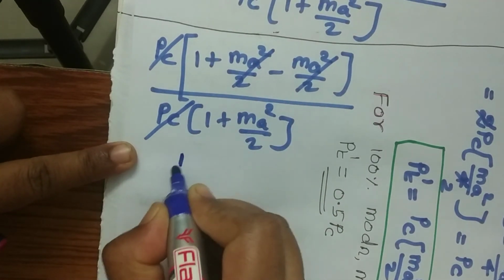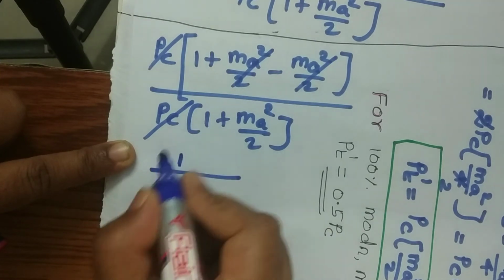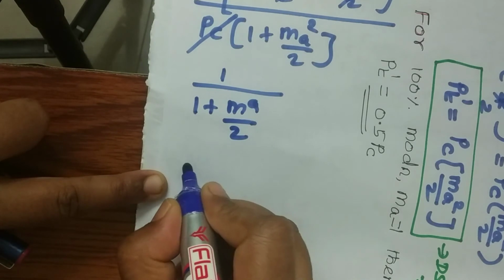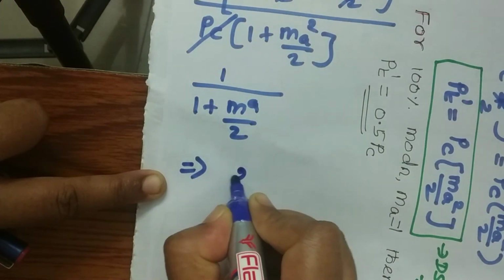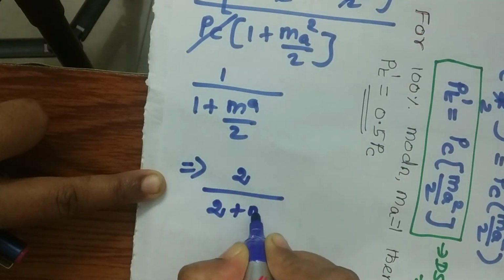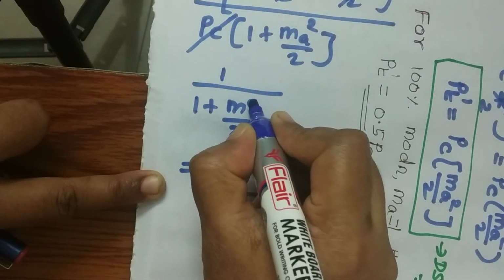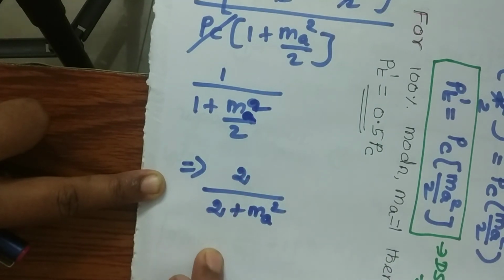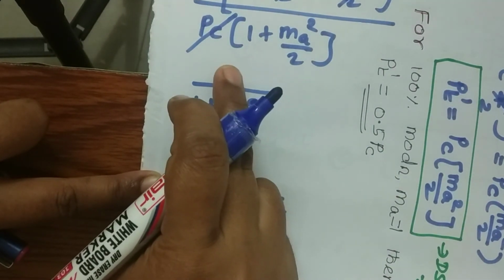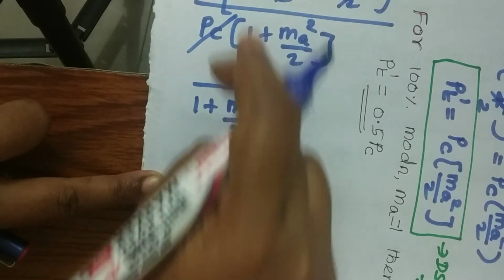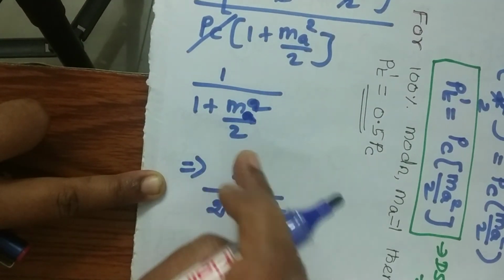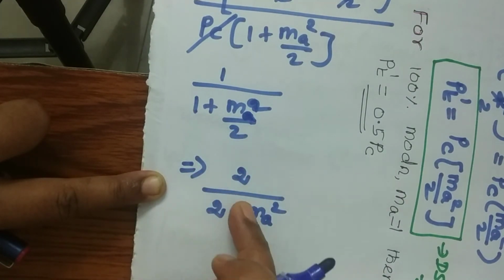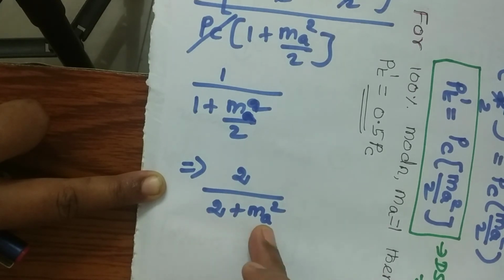Therefore 1 divided by 1 plus MA squared by 2. So the equation will be 2 divided by 2 plus MA squared, isn't it? Here we are getting 1 divided by 1 plus MA squared by 2. I am cross multiplying this, so I will be getting 2 divided by 2 plus MA squared.